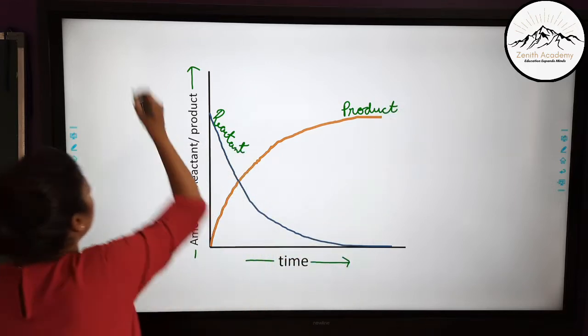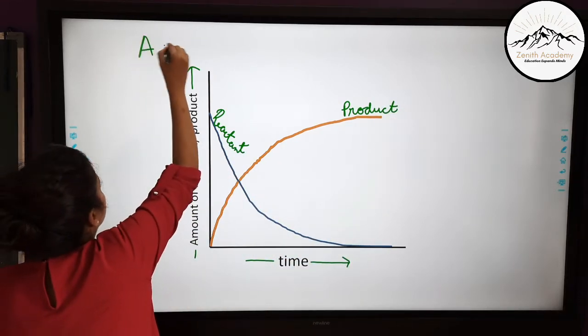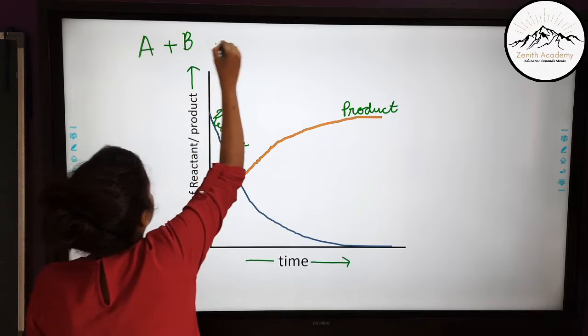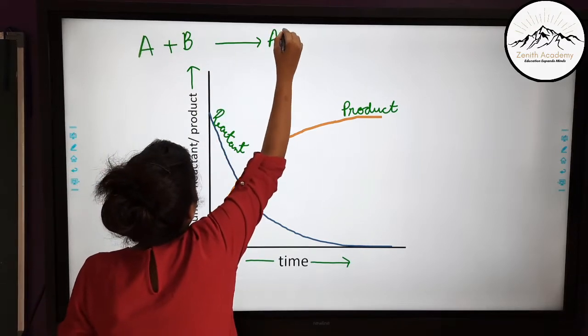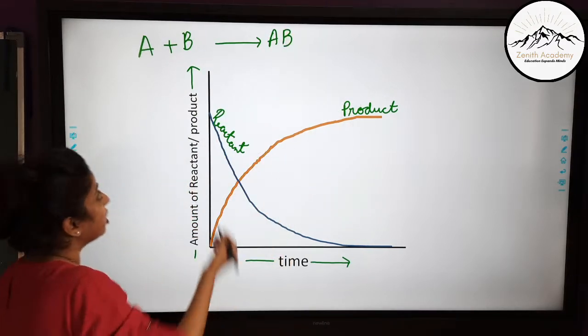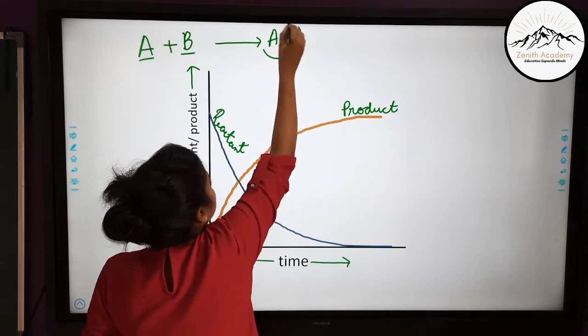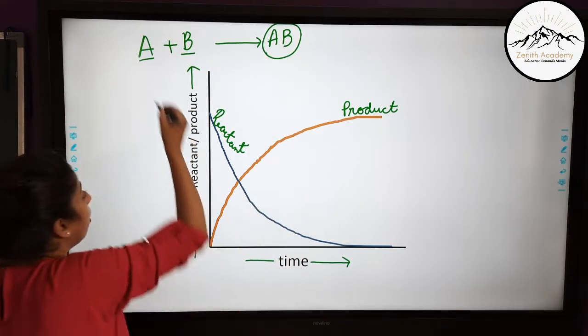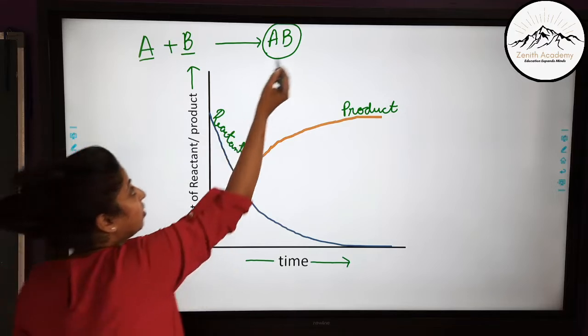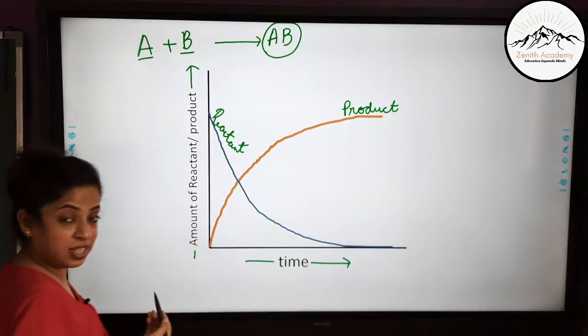Okay, so now if you take this reaction, A plus B is forming AB. So in the course of the reaction, this A and B will get depleted and this will go on increasing.